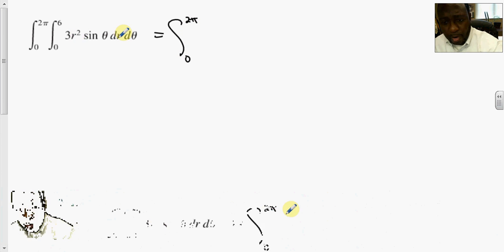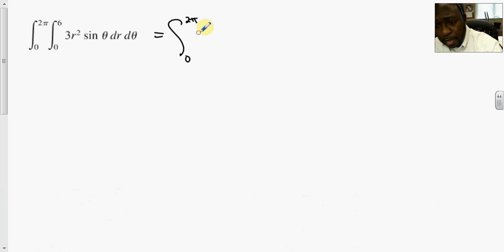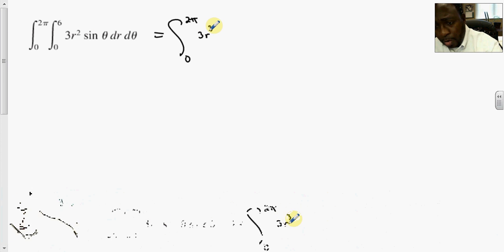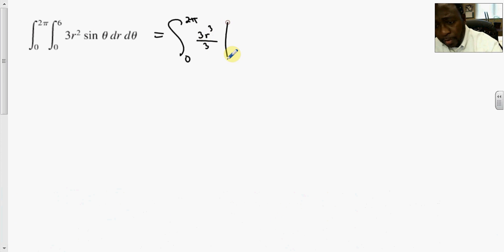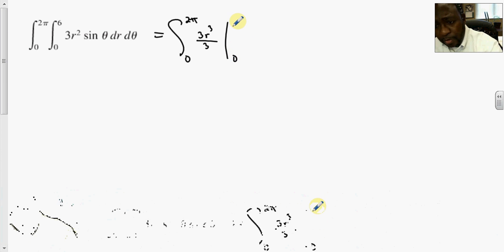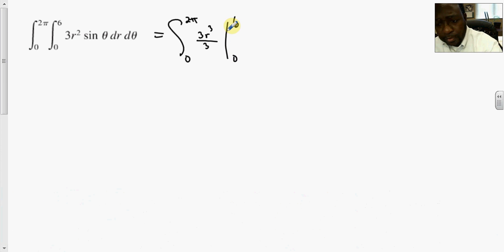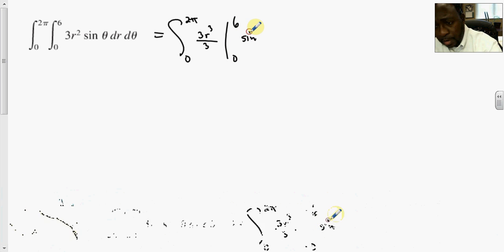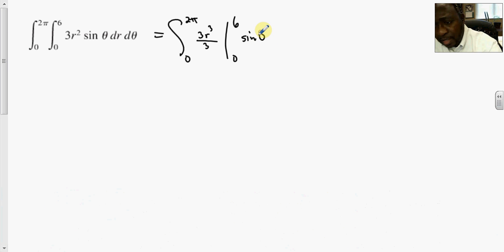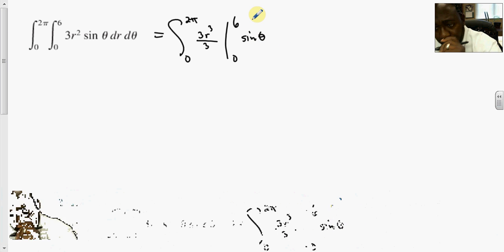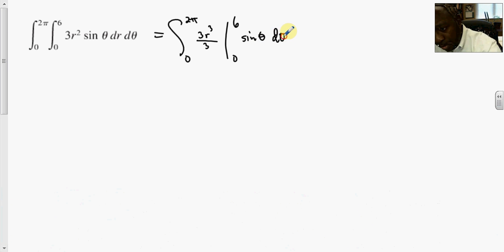Integrating with respect to r, this becomes 3r cubed over 3, and then r is evaluated from 0 to 6, times sine theta d theta.